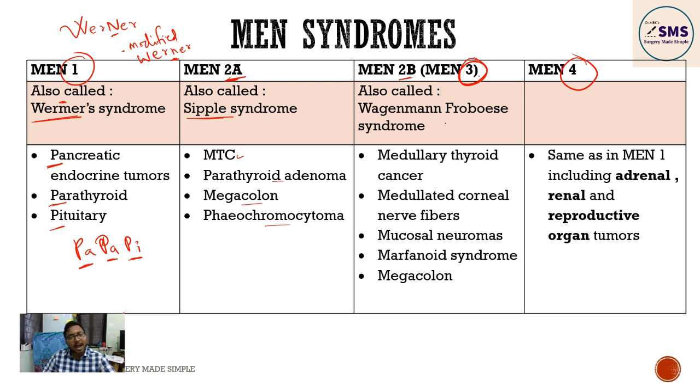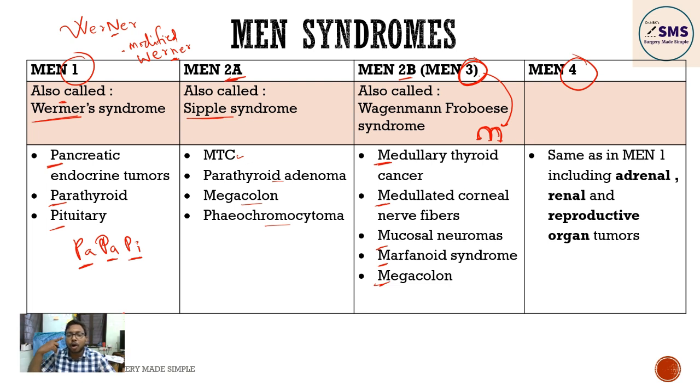Now, coming to MEN 2B, which is also called MEN 3. This is otherwise called Wagenmann-Froboese syndrome. Now, just remember this 3: if you just reverse the direction a little bit, 3 is nothing but M. So, please see, all the component tumors or component features start with M. The first one is medullary thyroid cancer.